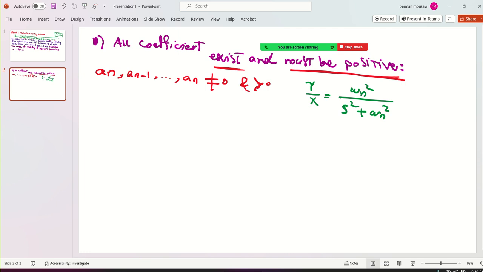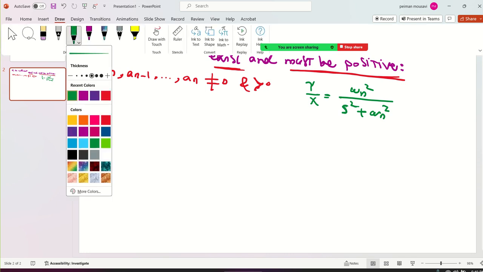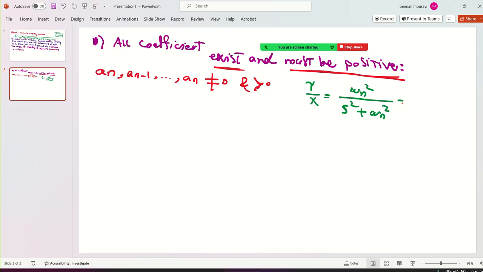Are we missing any coefficients? Just look at it. This is not magic. You have to use your eyes. Are we missing any coefficients? Yes. What is that? We are missing s, the 0s term, plus omega_n squared. So bingo, the system is not stable.